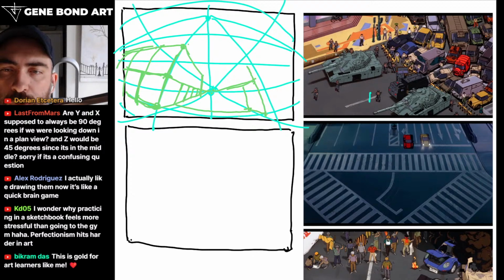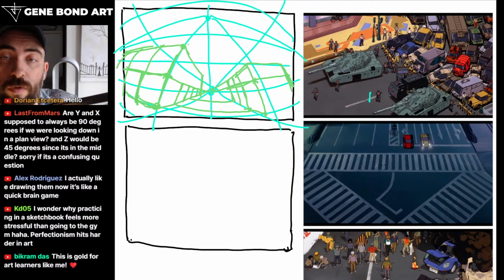So 1.5 high. Then we have already 3 on the left, so I can also transfer it. So here we have this and about 1 width. So this is the box for the minibus here.